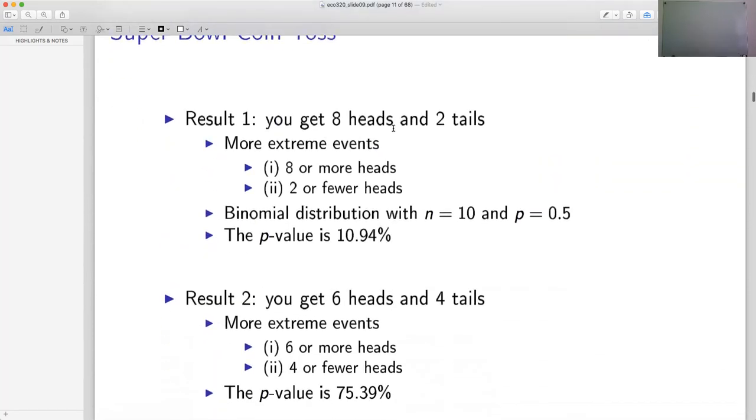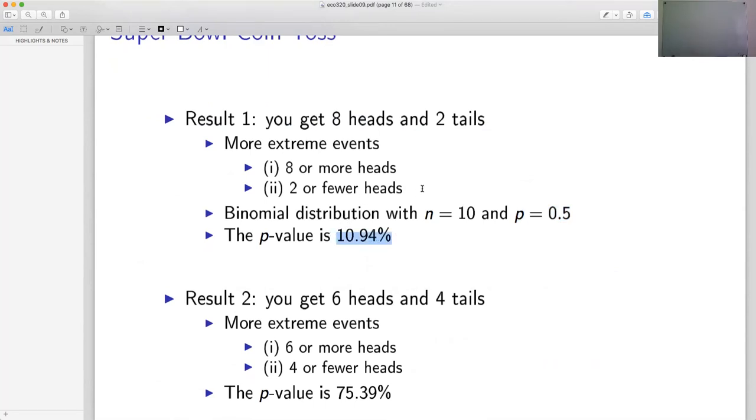So you get 8 heads and 2 tails, and we look at more extreme events. This is a binomial distribution with n equal 10 and p equal 0.5. Going back to chapter 5, it gives a probability of 10.94%.